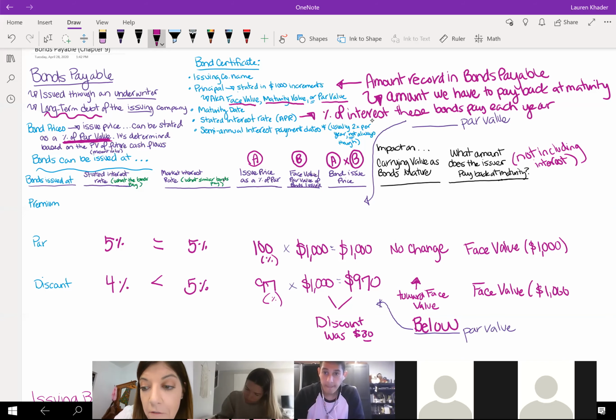But that could be 5, 10, 15 years out, which is why we're discounting those cash flows to back into that 970. The further out that principal payment is, the better off we are. Does this make more sense?